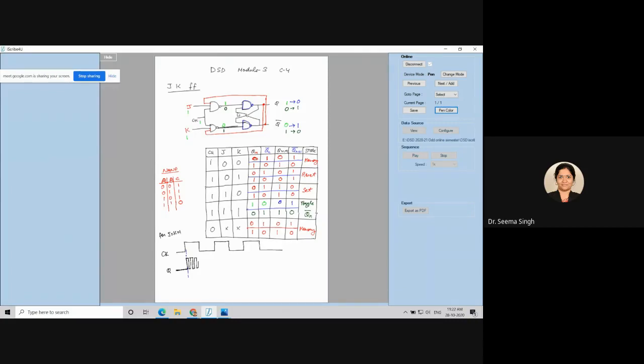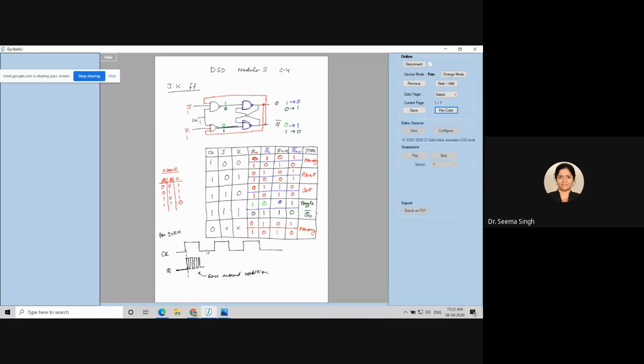And when it changes its state so many times during this high clock level, this is only called as the race around condition. All of you understand this very carefully. This is only called as race around condition.